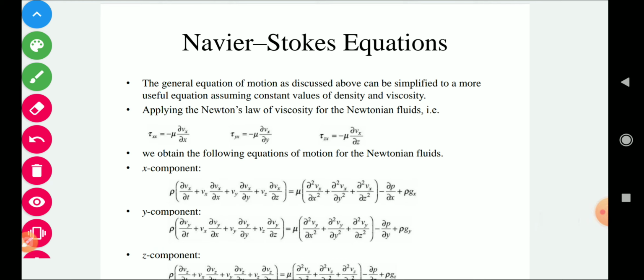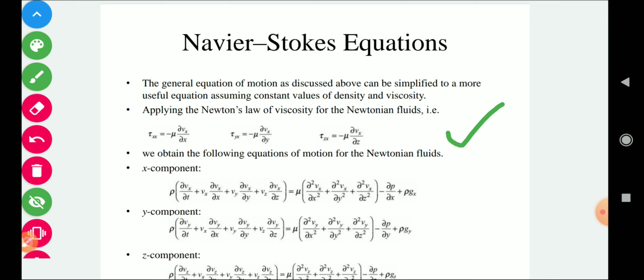Now another important equation is the Navier-Stokes equation. If we use constant values of density and viscosity in the equation of motion, we get the Navier-Stokes equation. The general equation of motion as discussed above can be simplified to a more useful equation assuming constant density and viscosity. We know from Newton's law of viscosity that tau xx will be equal to minus mu del vx by del x, and similarly for tau yx and tau zx.